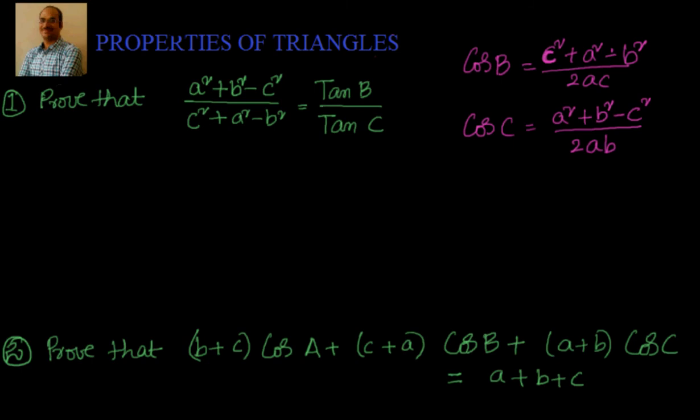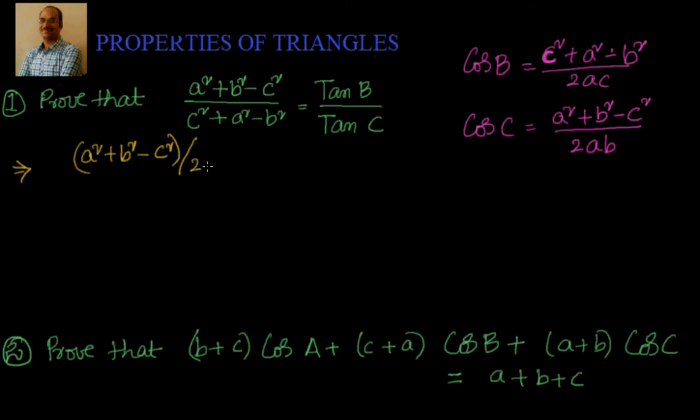So what we will do, we'll try to convert them into whatever is given to us. We'll try to convert them into cos by dividing with 2ab and multiplying with 2ab. So I will write this as a² + b² − c², and this whole thing I will divide with 2ab.